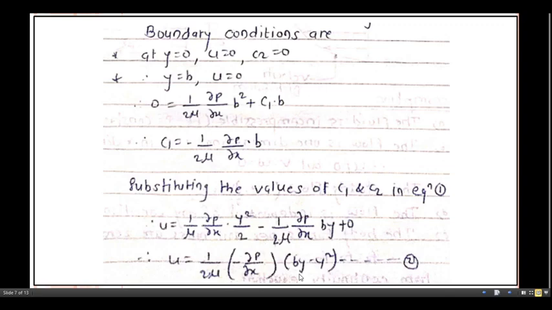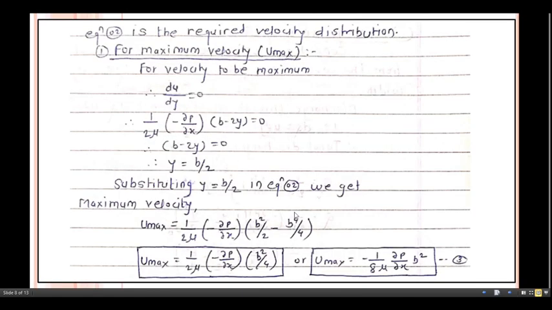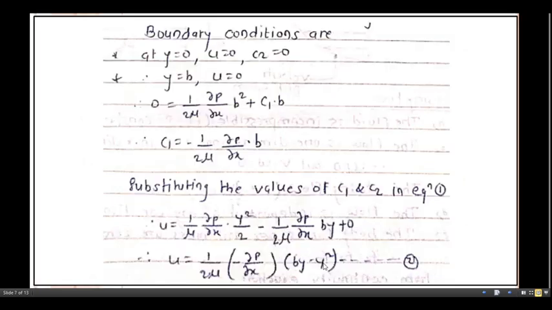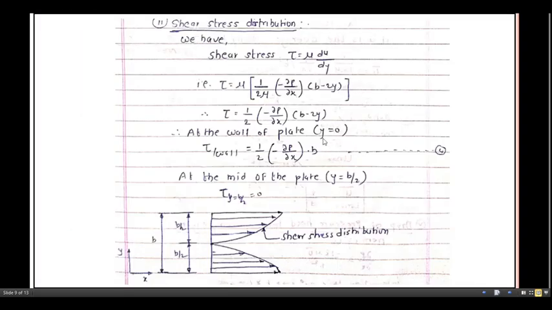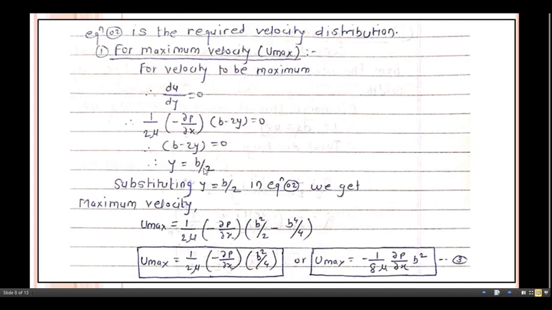So what do we get here? b square by 2 minus b square divided by 2 square, or we can write 4 there. Now if you simplify this one, the y term with us is b by 2. Just observe here, b by 2 with us.